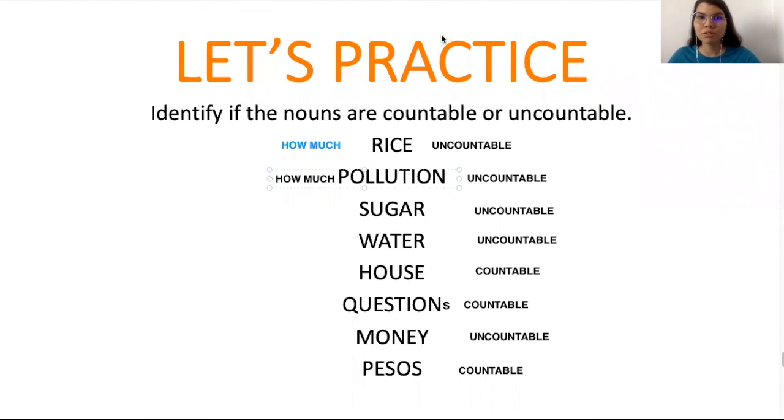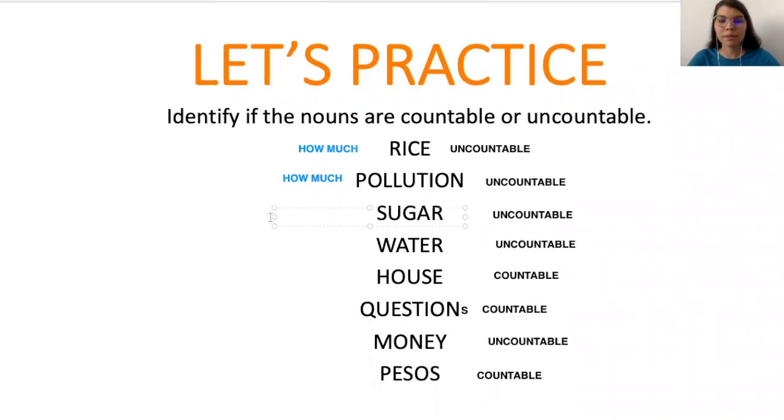How much pollution? How much sugar? How much water? How many houses?